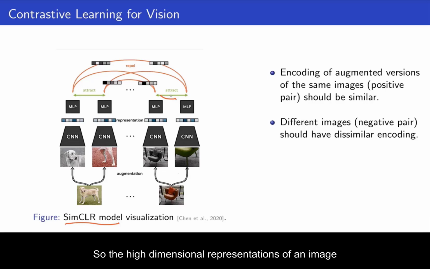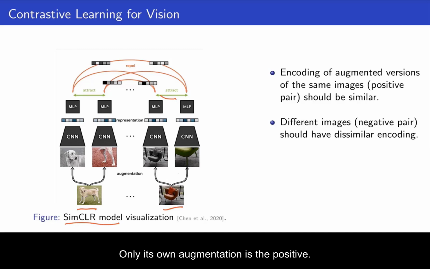So the high dimensional representations of an image should be similar to the high dimensional representations of another augmented version of the same original image, but dissimilar to representations originating from other images in the dataset. So for the dog image shown on the left, all other images in the dataset, such as the chair image shown on the right, are negatives.